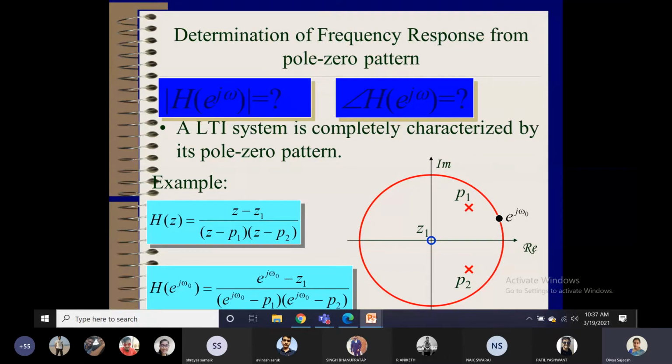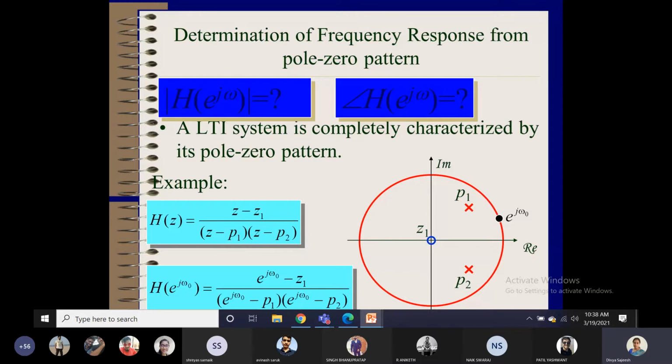Let us take an example. H of z is given to you, with numerator z minus z1, which gives the information about the zeros, and denominator z minus p1 into z minus p2, where p1 and p2 are the poles of the system. Now putting z equal to e raised to j omega, we will obtain the frequency response of the system.